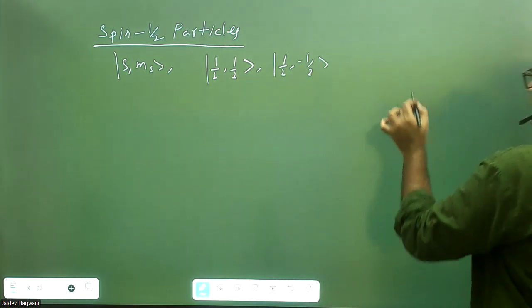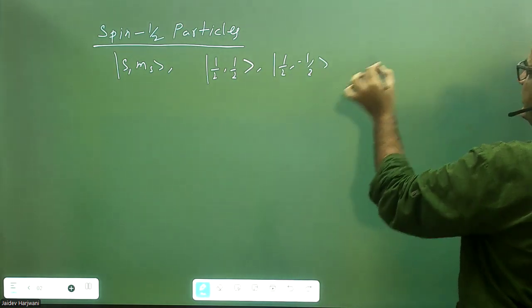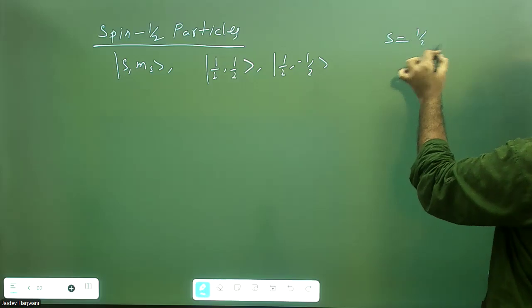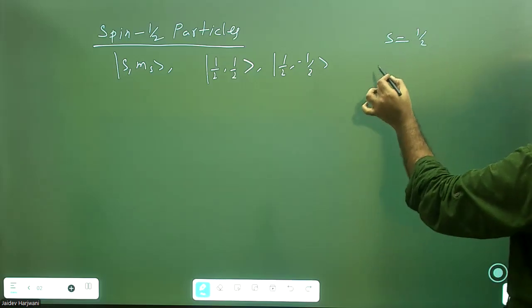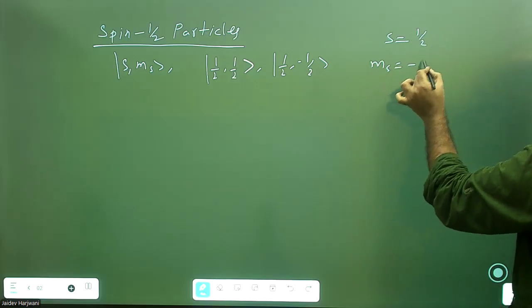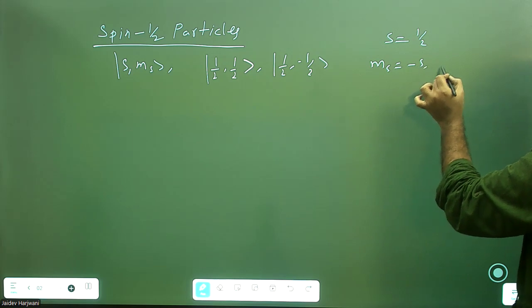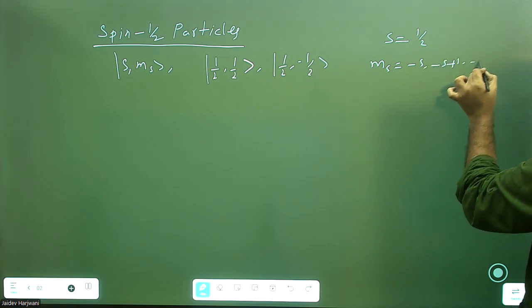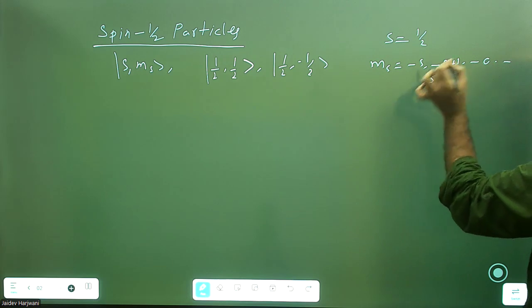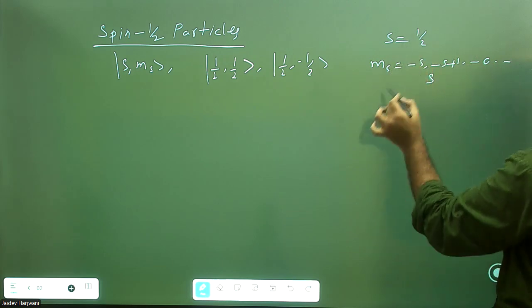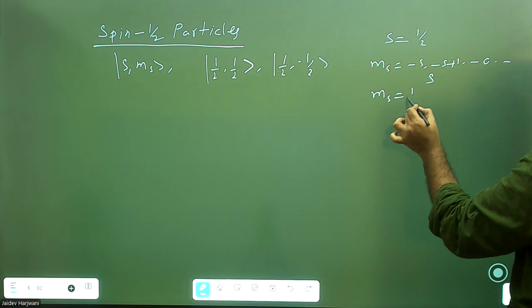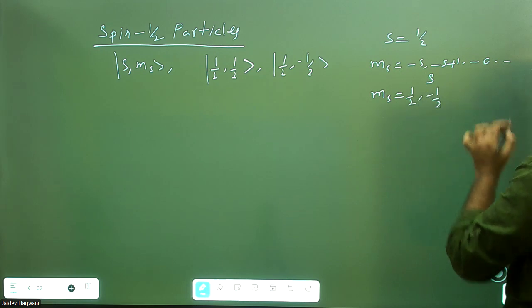For a given S, if the S value is half, the ms value can vary from minus S, minus S plus 1, up to S. So when S is half, the ms value can be either plus half or minus half.